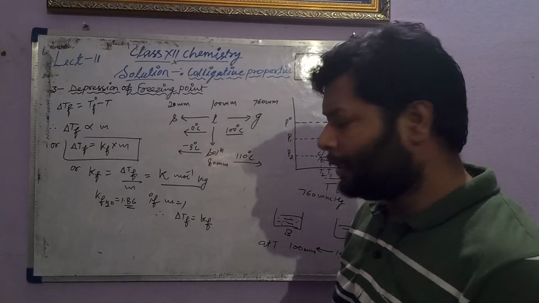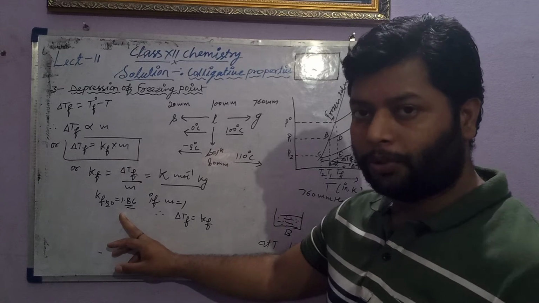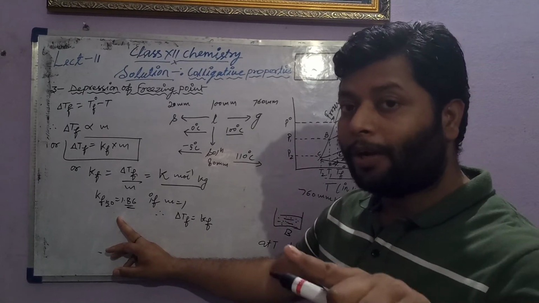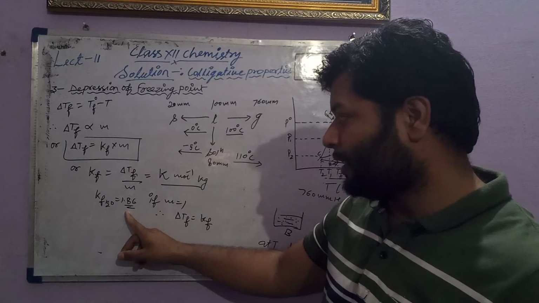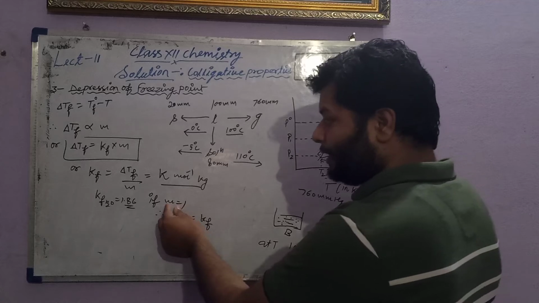For example, for a 1 molar aqueous solution of water, the depression of freezing point is actually 1.86 Kelvin, because the molality is 1.